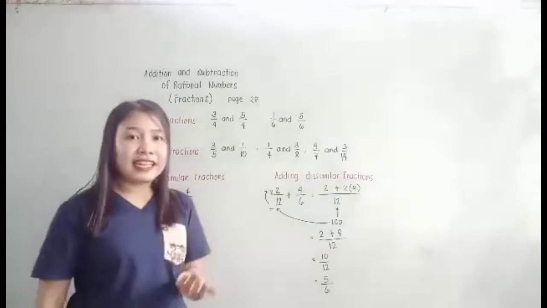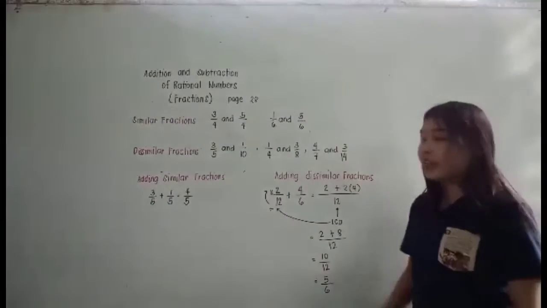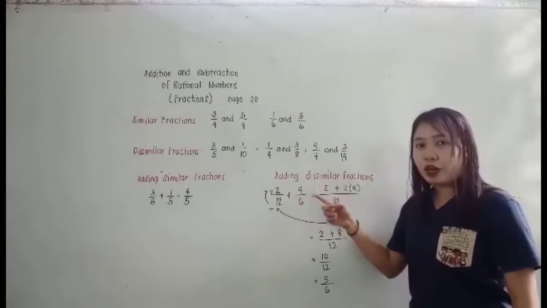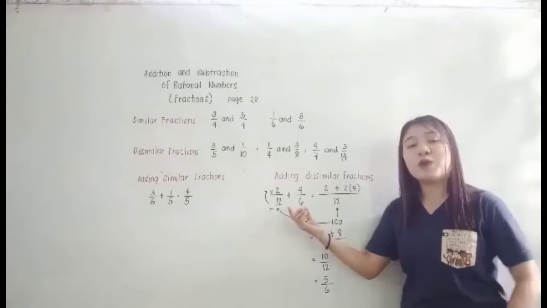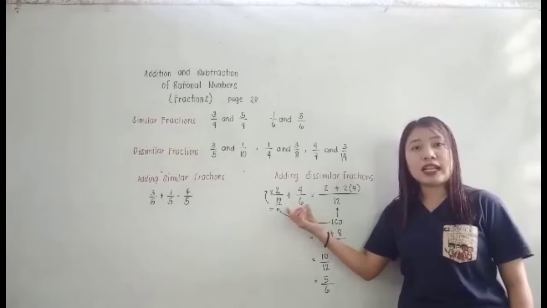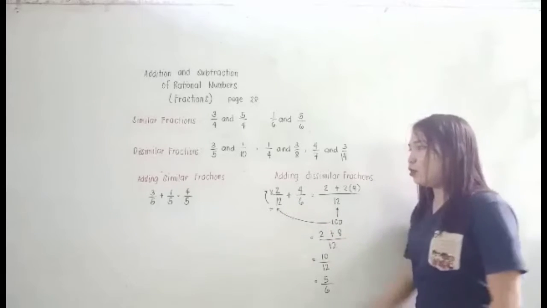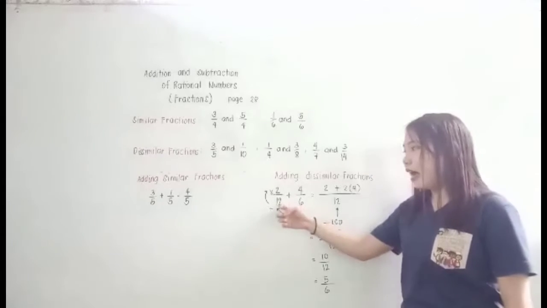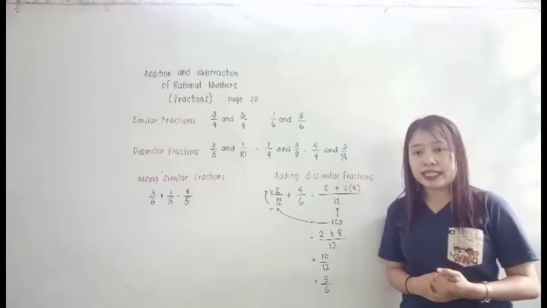Okay? So, sa ating dissimilar fraction naman, may given tayo na 2/12 plus 4/6. Okay? So, since dissimilar fraction sila, kukuhanin muna natin yung tinatawag na least common denominator or LCD. Okay? So, ang LCD ng 12 at 6 ay 12. Okay, so paano ba natin makukuha yung LCD?